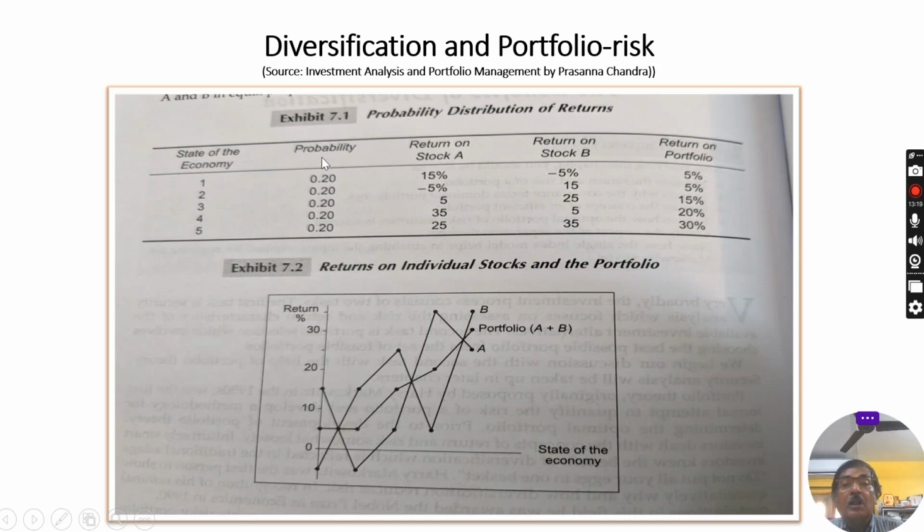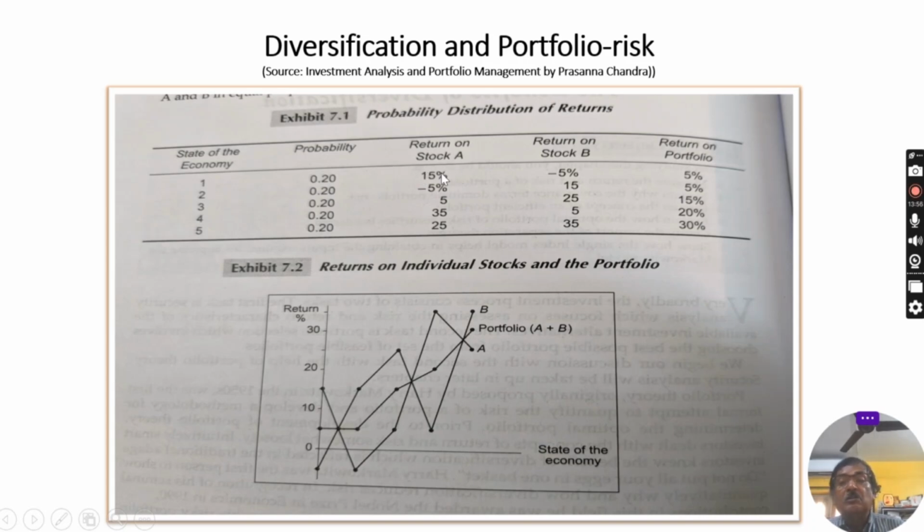And the occurrence probability for each state is same, that is probability is 0.20. If you add all these probabilities for 5 years, then you will get total 1.00, which is the total value of probability. That means the probability of occurrence of each state of the economy is given, and return for each state of the economy is given for stock A, and this is for stock B. For stock A, if the economic status is 1, the return will be 15%.